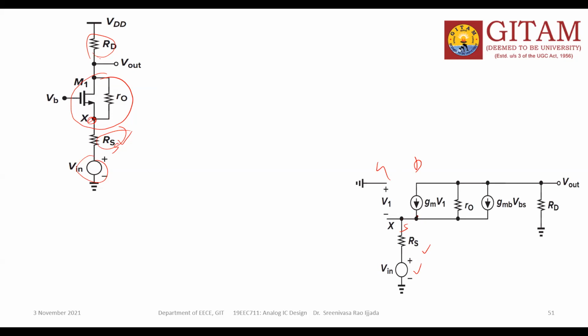And you know about this, because R naught is the output resistance connected here. I am taking the body effect, so gmb comes into the picture, and this is my load. This R naught is the transistor output resistance, but not including the load.